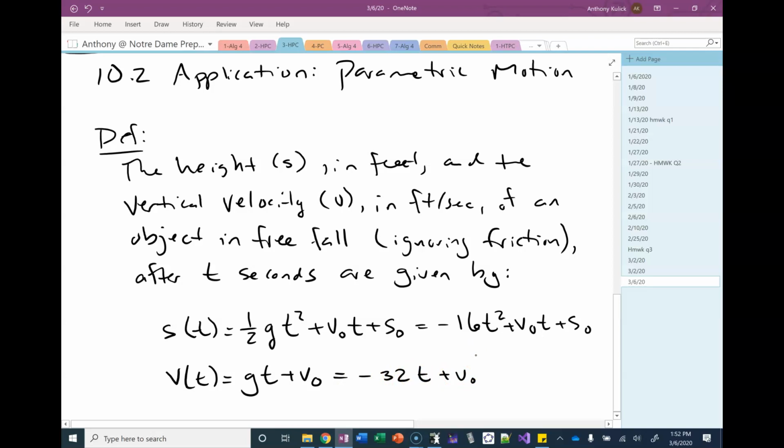What does t represent? Time in what unit? Seconds. What does v naught represent? Close. Initial velocity. Thank you, physics students. And what does s naught represent?